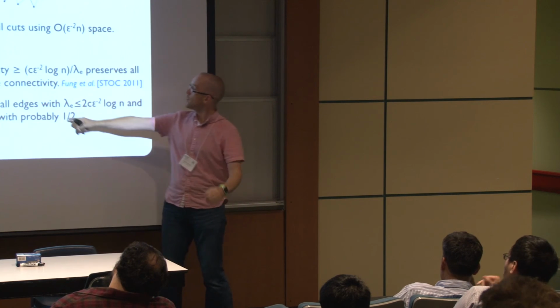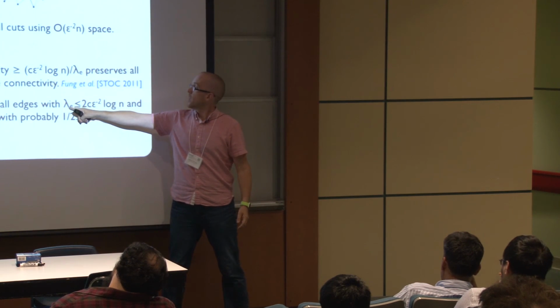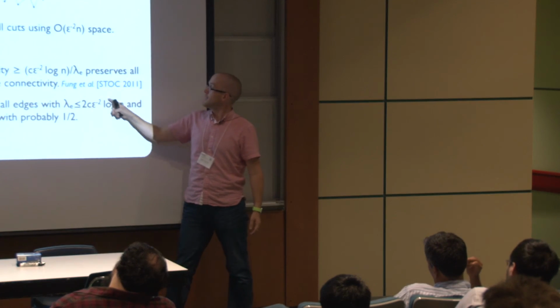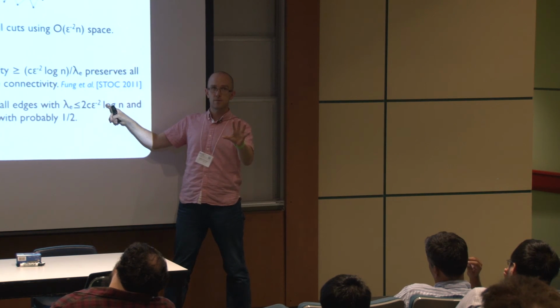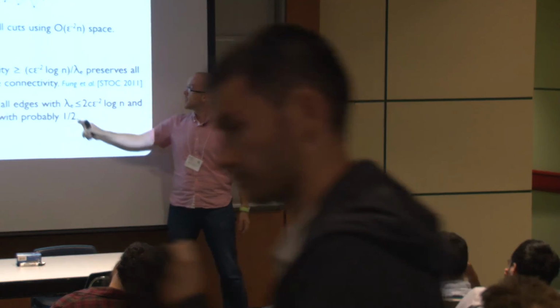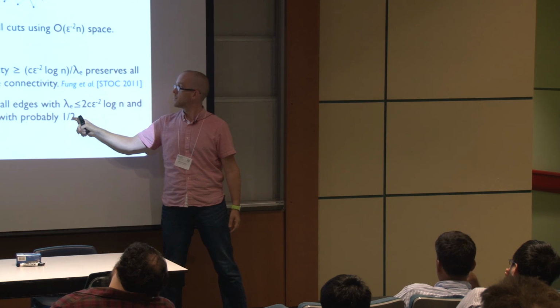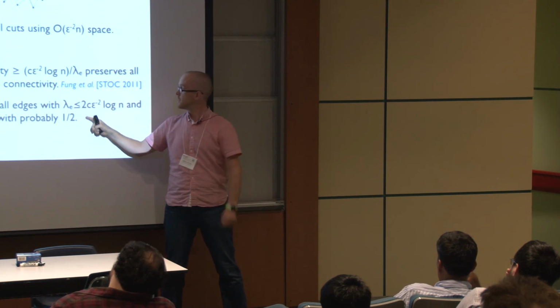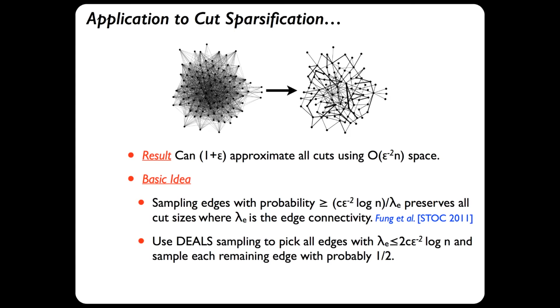So basically, you can find all edges with lambda_e being less than this, and definitely pick those. And for the remaining edges, sample them with probability of half. So some edges you sample with probability 1, some edges you're sampling with probability of half. No matter which case you're in, you're sampling with greater than this probability.